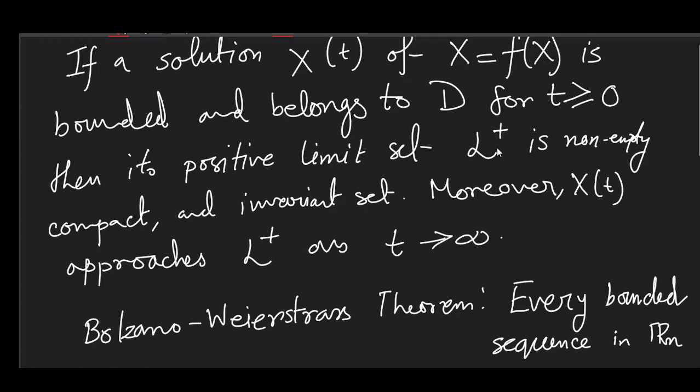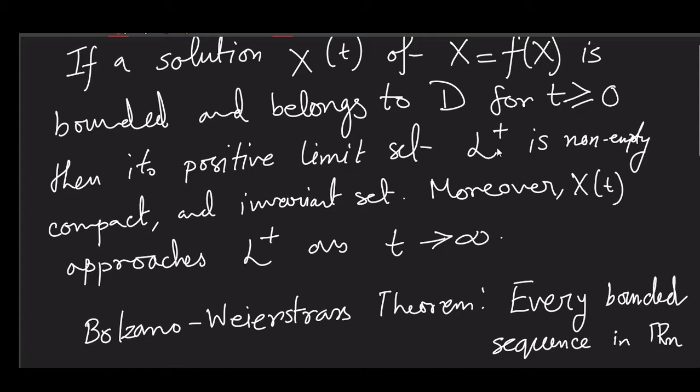So here, note that since x(t) is bounded, by application of the Bolzano-Weierstrass theorem, we can understand that it has an accumulation point as t tends to infinity, and since x(t) is bounded and belongs to D, that accumulation point must also belong to D. So L plus has at least one point.